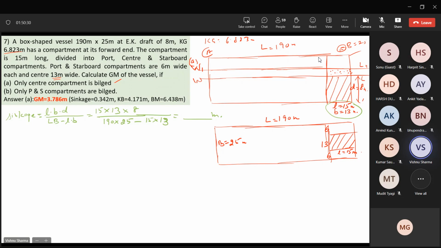You can raise your doubt as and when it comes to your head. The sinkage is 0.342. The answer is given here, I've given it for you to check at each step. 0.342, right, guys? Therefore, D1, the mean draft, will be equal to 8 plus 0.342 equals 8.342 meters.